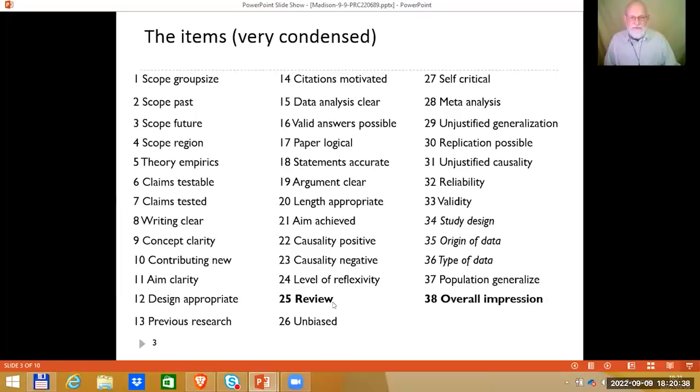And to the interesting point about researchers' reputation that somebody just had a question about, I would say that this item would probably be more influenced by eminent researchers, by the halo effect of being such an eminent researcher, and that is why we included an overall impression item here to the right, number 38, which is just a scale on how good is this study as such.